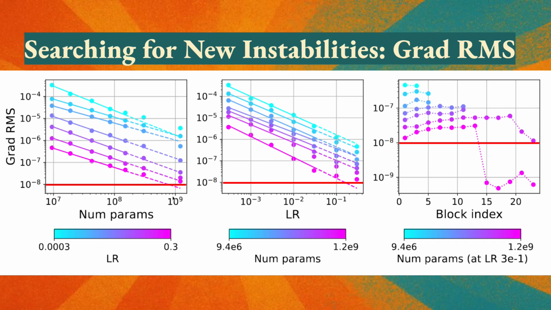As the number of parameters increases, the gradient RMS drops. As the learning rate increases, so we go from blue to magenta, the gradient RMS collapses. Again, we see learning rate here and number of params here, same thing. Here is the block index, so as we go deeper in the model, we also see that the gradient RMS drops.